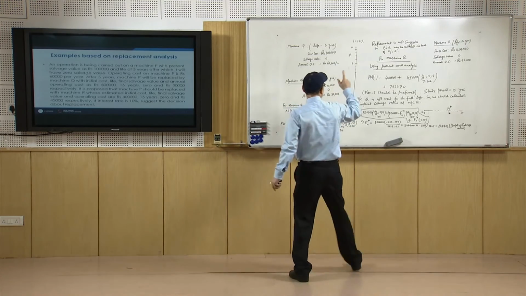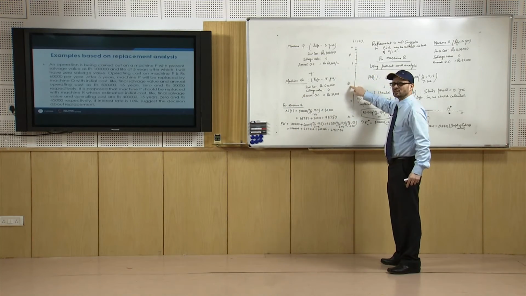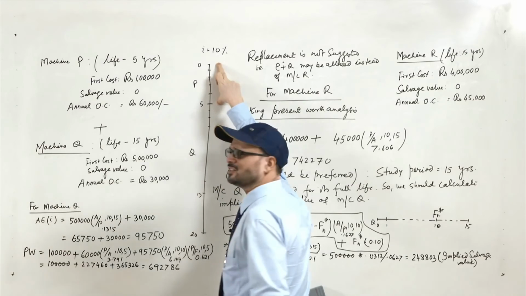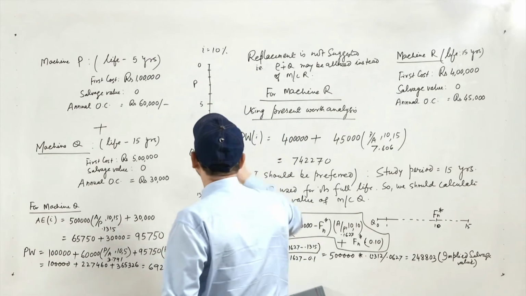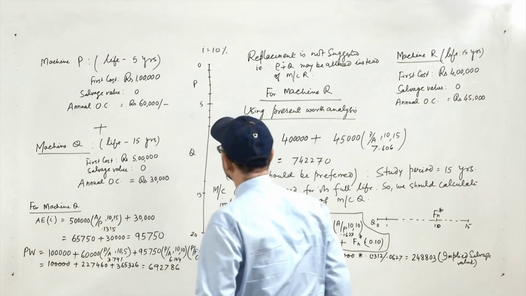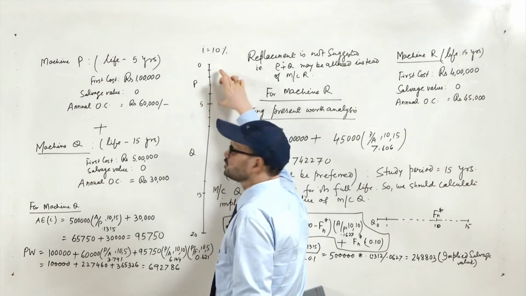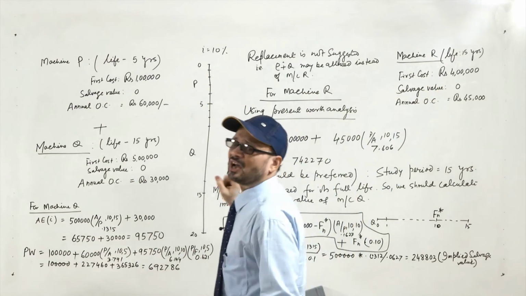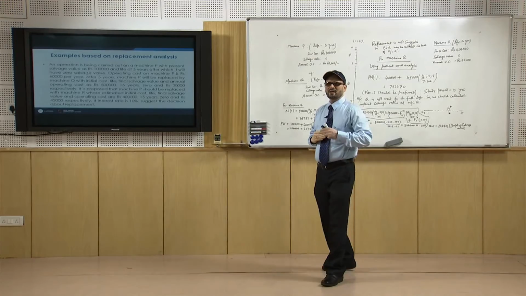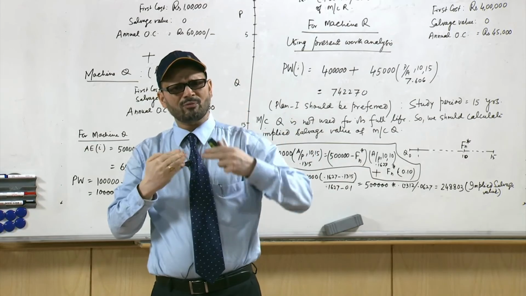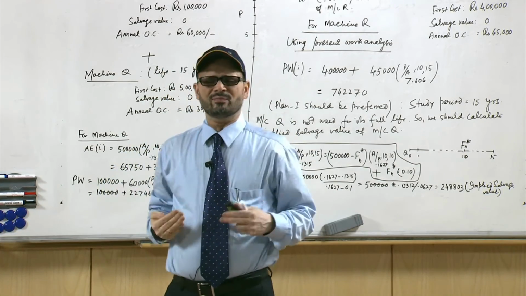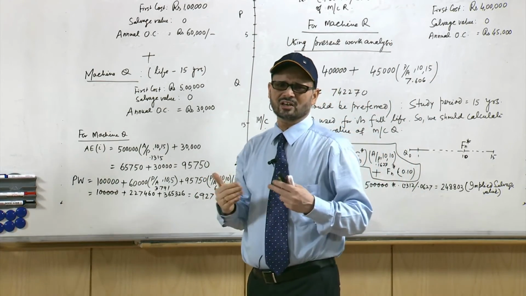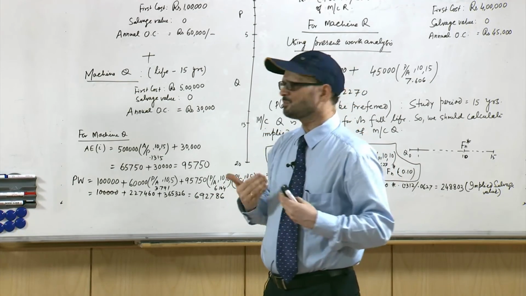Now, if the fate of this machine Q is not known, in that case we have to only go for the 5 years life of machine P. So, in that case the study period has to be taken as only 5 years. So, you have 5 years for machine P and you have 5 years for machine R, but for machine R you have 15 years of time. So, you can go for comparison on the basis of annual equivalent, and on the basis of that we can have the decision whether to go for replacement or not.